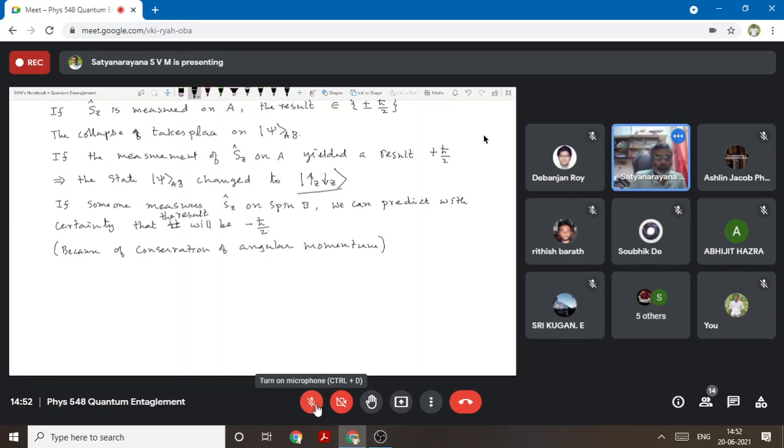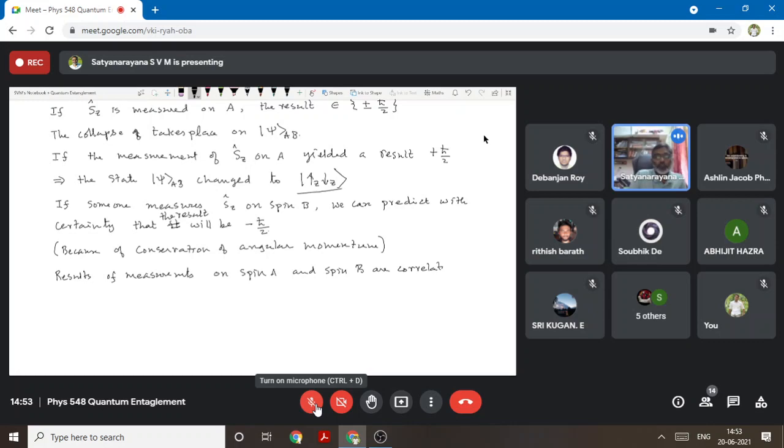So results of measurements on spin A and spin B are correlated.